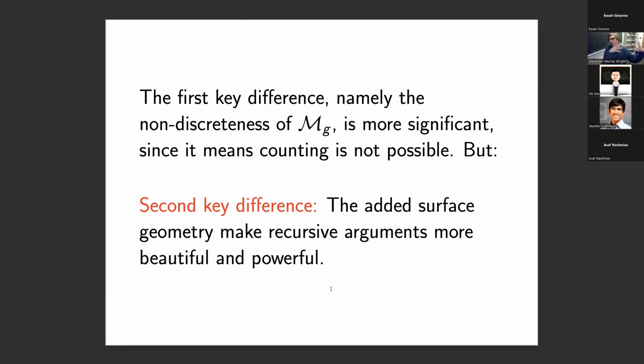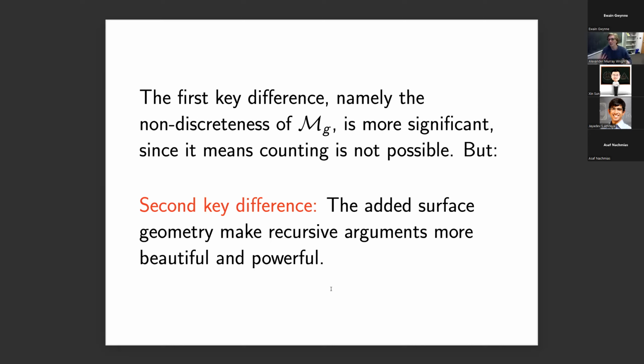Again, comparing random graphs to surfaces, there's a much bigger difference. Coming back to the first difference, we have this non-discreteness of M_g, the moduli space of hyperbolic surfaces, so we can't count. A lot of results for graphs, you sort of literally count.